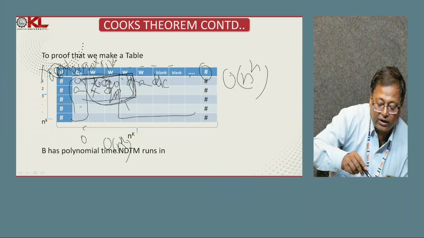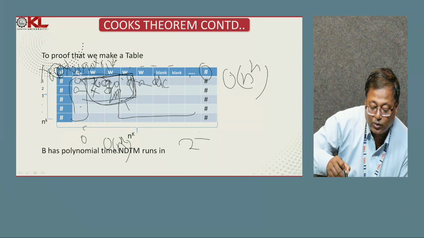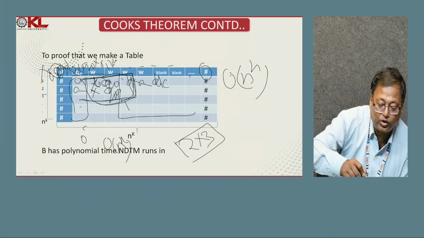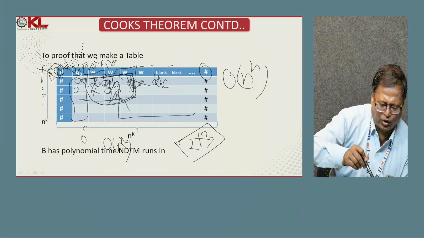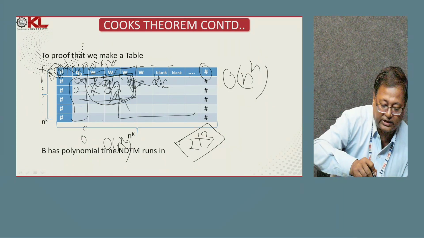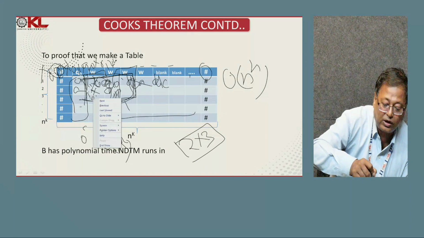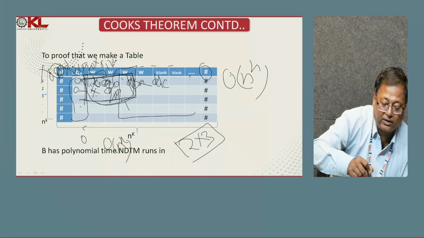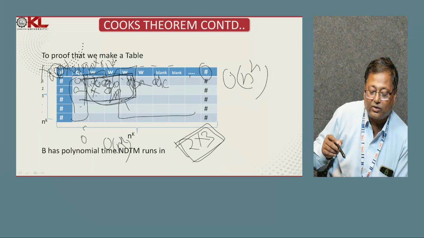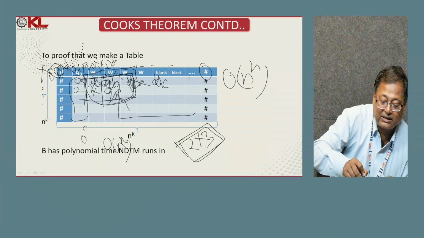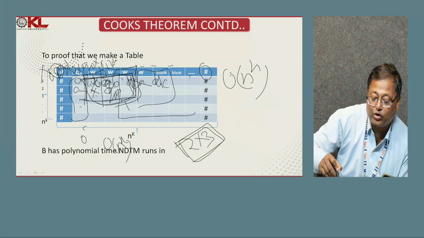So here we can take a window of 2 rows and 3 columns. This one window contains two rows, with the move either going left or going right, and it affects the second row and three columns. So one window contains 2 by 3 cells, and the second, third, and so on, up to order of n to the power k, and this is also polynomial time.